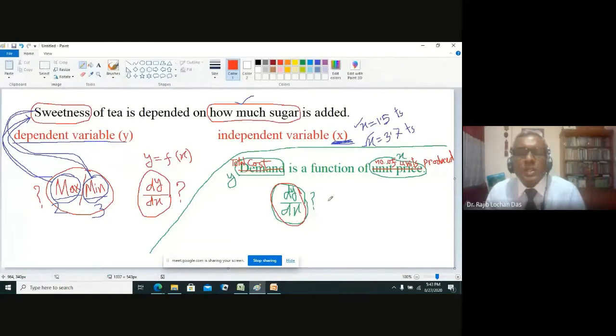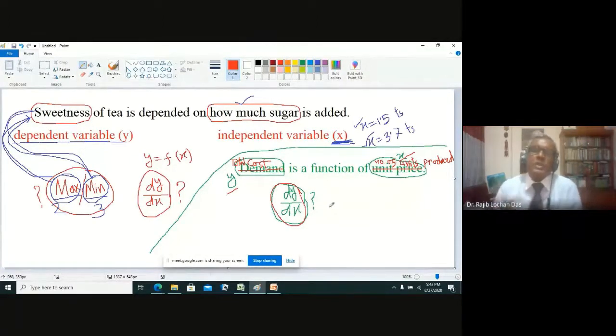The function is total cost is a function of number of units produced. In that case, total cost is dependent variable, that is y, and number of units produced, it is the independent variable, that is x. And if you find ddx of y, what you will understand by this?